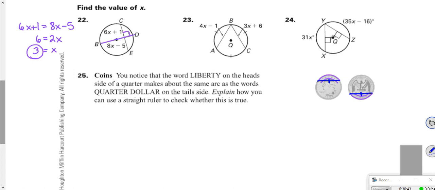You could explain that a little better in words, but if you measure from the L to the Y and get that straight chord length, and then you measure from the Q to the R and get that straight chord length, those are congruent. Obviously, the front and back sides of a quarter are going to be congruent circles, right? It's the same physical thing. So congruent circles. So if the chord lengths are congruent, then that means the arcs are congruent.